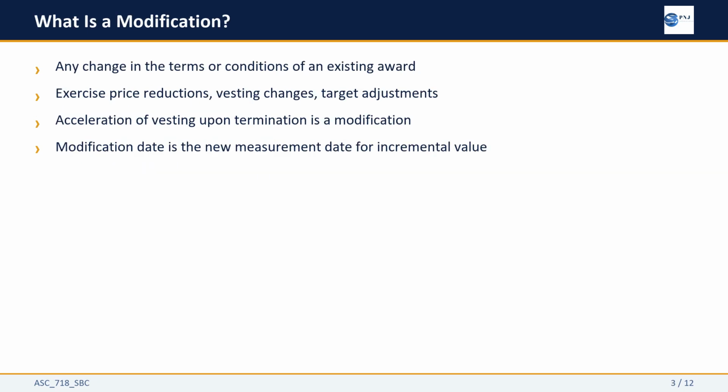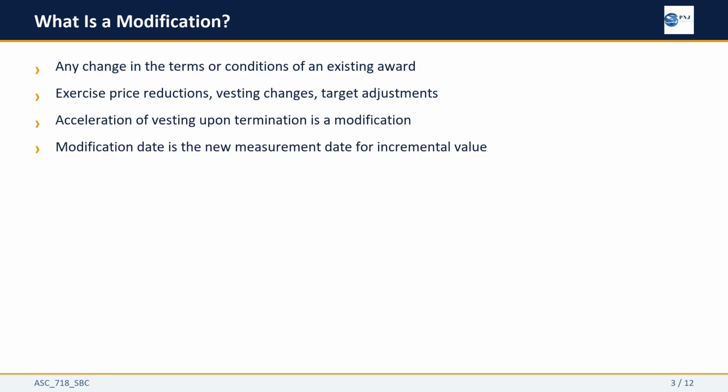A modification is any change in the terms or conditions of an existing SBC award. The definition is deliberately broad. Repricing an option by lowering the exercise price is a modification. Extending the vesting period is a modification. Making a performance target easier to achieve is a modification.